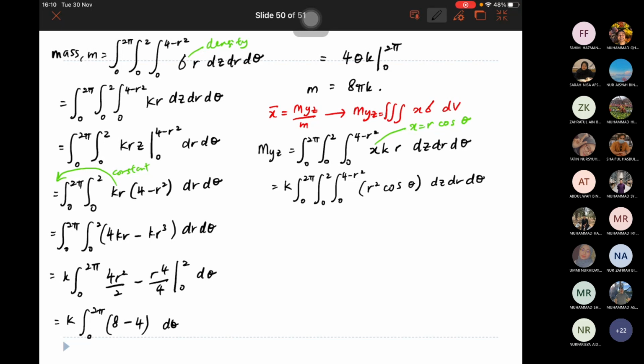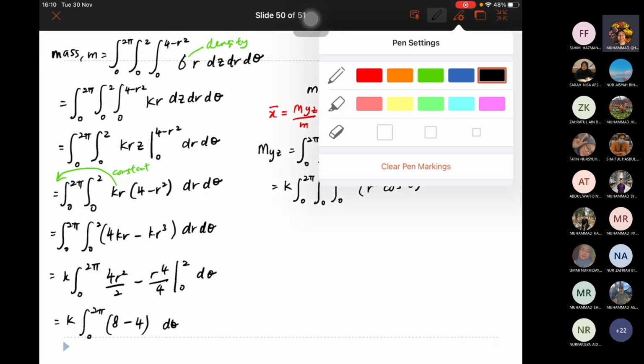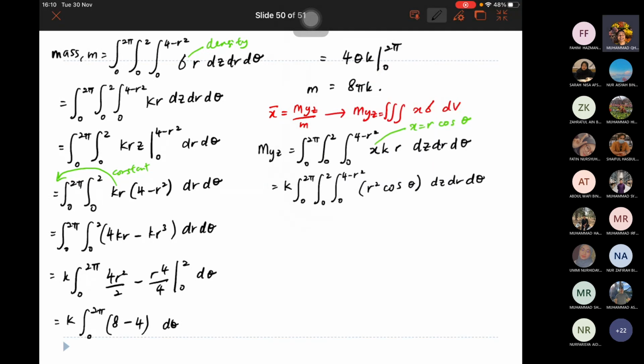Okay. So daripada sini, ada nampak tak apa jawapan MYZ? Kosong ke? Betul, kosong. You will get it's equal to 0. K, kosong sampai 2 pi and then kosong sampai 2, integrate terhadap Z. Dia akan jadi Z R squared cos theta.